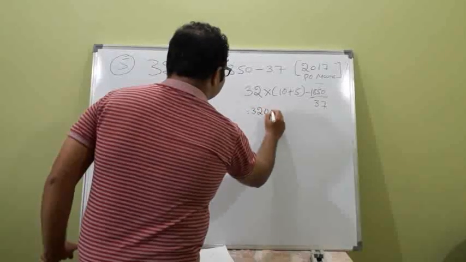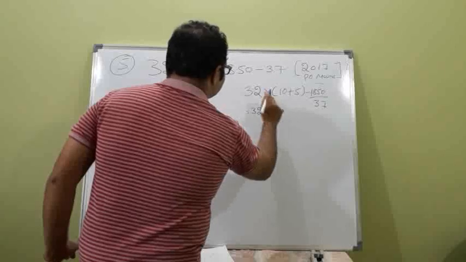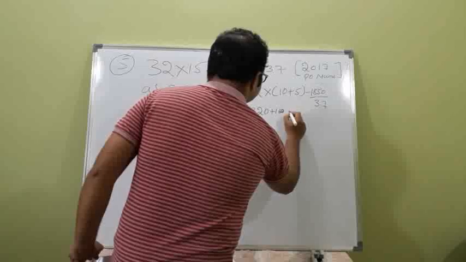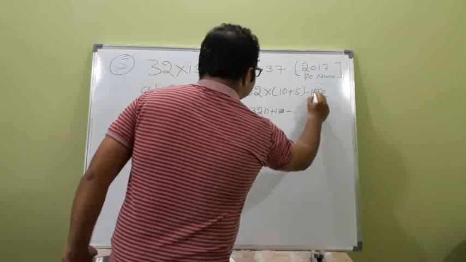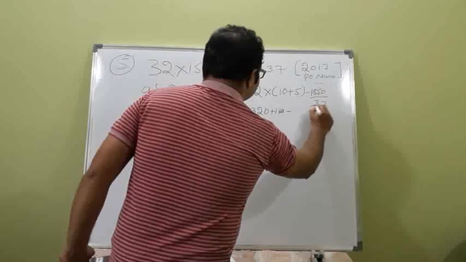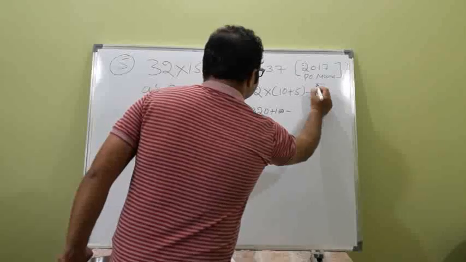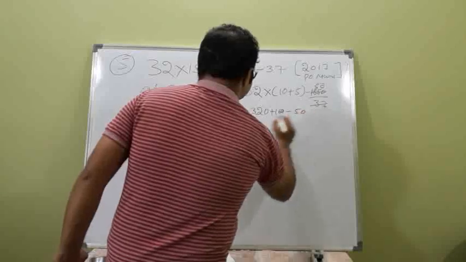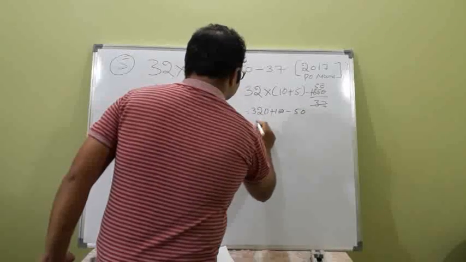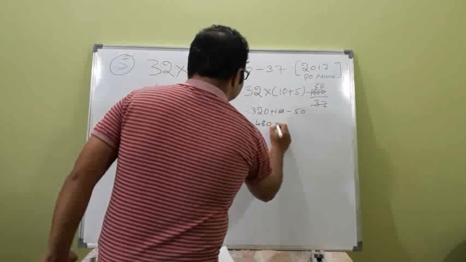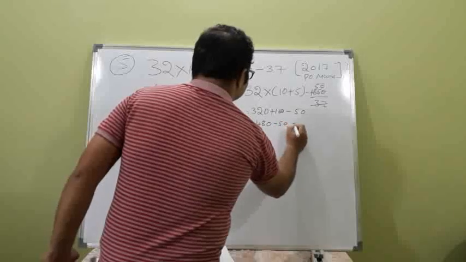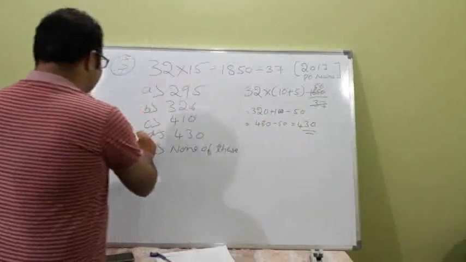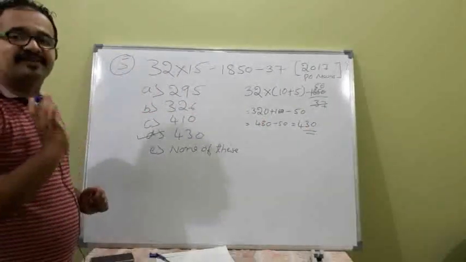Half of 320 is 160, or 5 into 32 is 160, minus 1850 by 37. 37 1 time, 37 5 times, 0 as it is, minus 50. 320 plus 160 is 480, minus 50. So the answer is 430. Option D is the right answer.